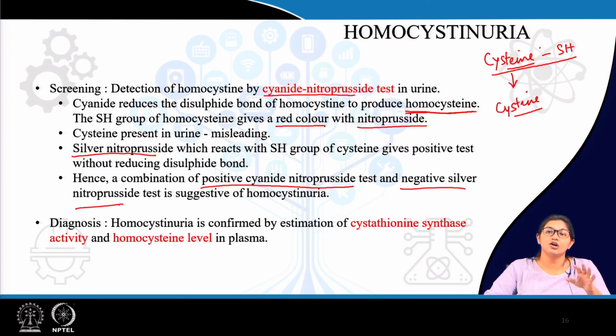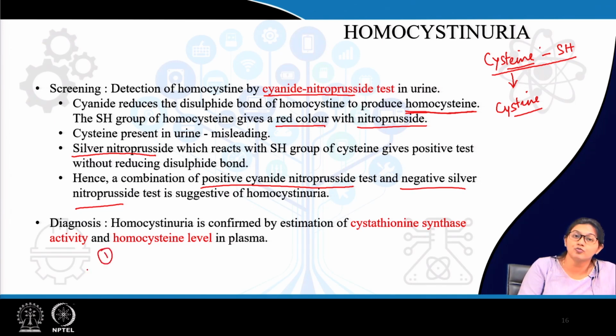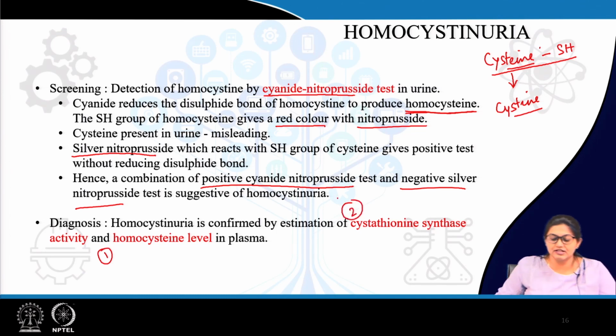But remember, this is only a screening test. What is the confirmatory test? By detecting the homocysteine level in plasma and also measuring the activity of the cystathionine synthase enzyme. So, these are the confirmatory or diagnostic tests for homocysteinuria.